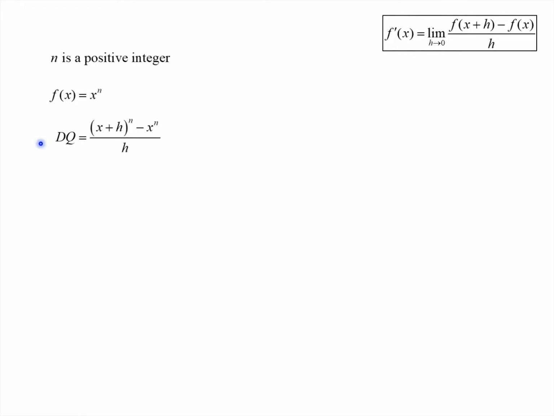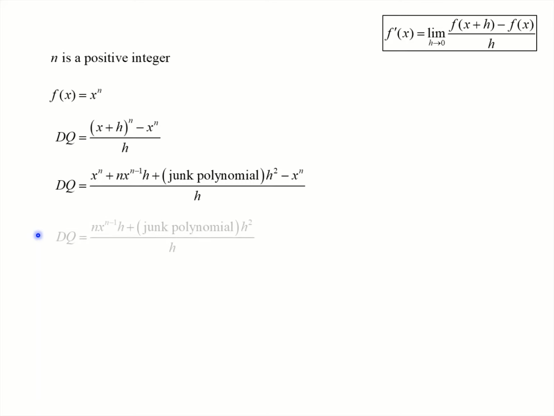I'm not going to write out the whole polynomial, but I'm going to write out the first part, x to the n. And then, since I'm on the nth row, it's going to be n, x to the n minus 1, h. And then the rest I don't care about, and I'm just going to say that's multiplied by h squared, and I'm going to call that junk. And then I have minus x to the n, which you see up there.